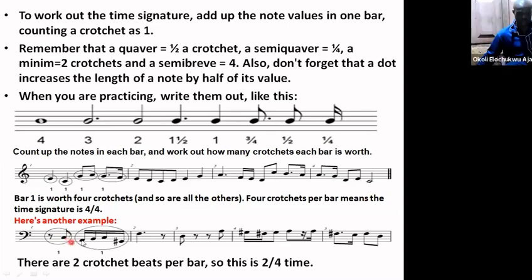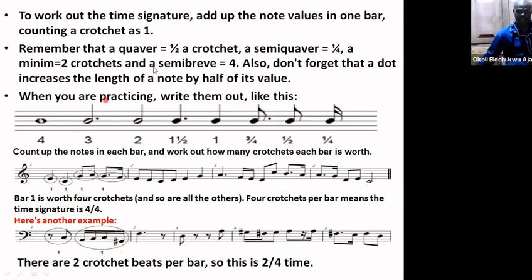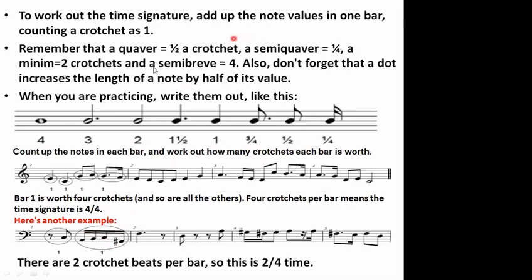Good. Now these are semiquavers. 4 semiquavers is equal to how many beats? 1 crotchet beat, yes. All right.